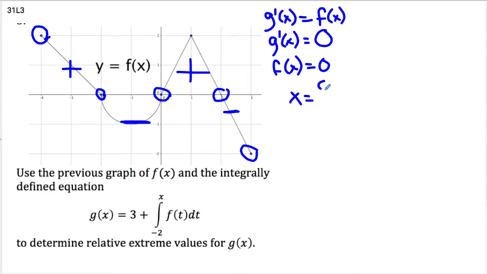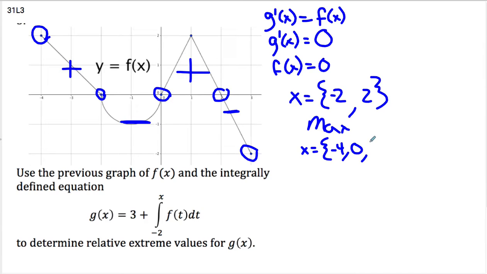X equals negative 2 and 2 are where we have maxes. Then x equals negative 4, 0, and 3 are where we have mins. Does it ask where? No, it wants the actual values.